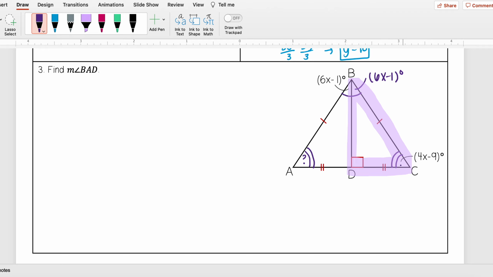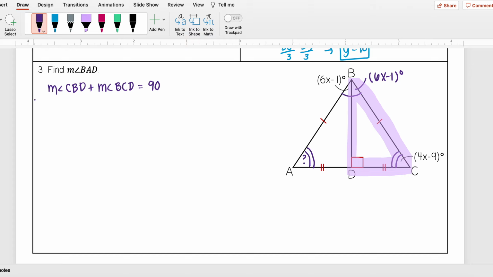Angle C here is 4x minus 9 degrees, and angle CBD is 6x minus 1. So I can add those two: the measure of angle CBD plus the measure of angle BCD is equal to 90 degrees.